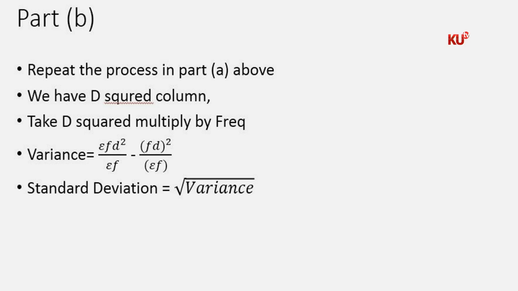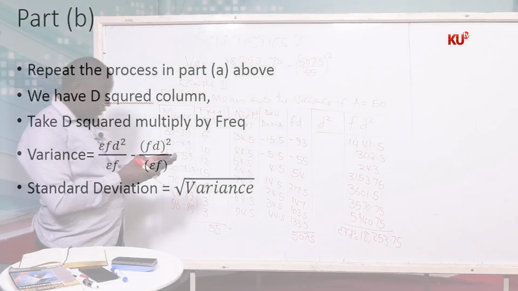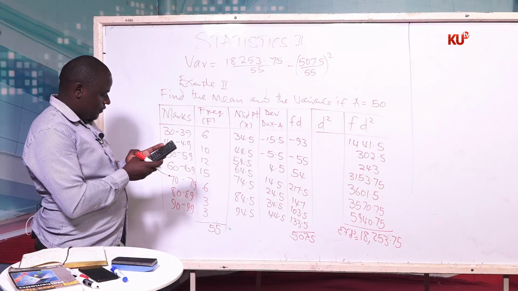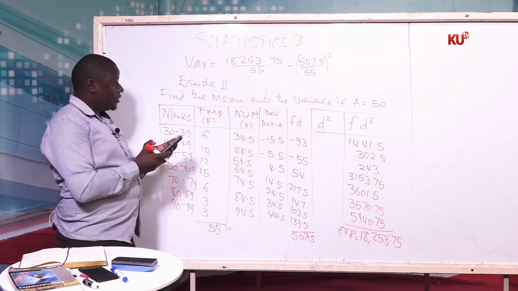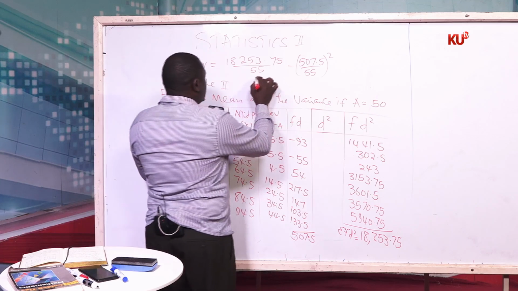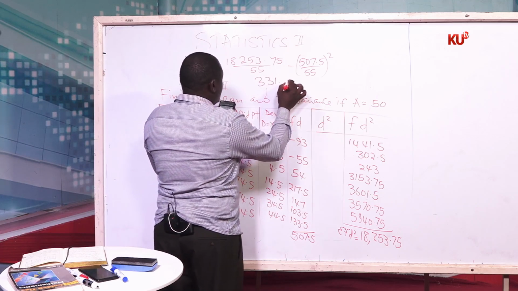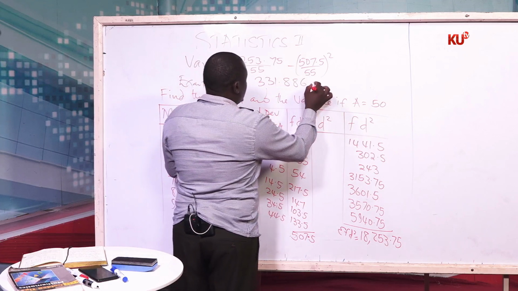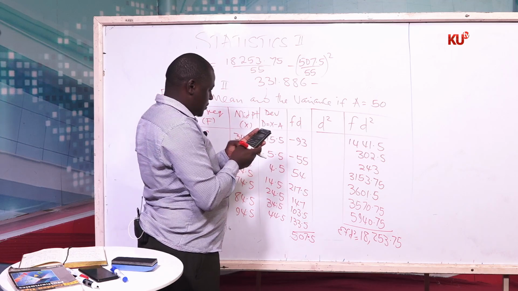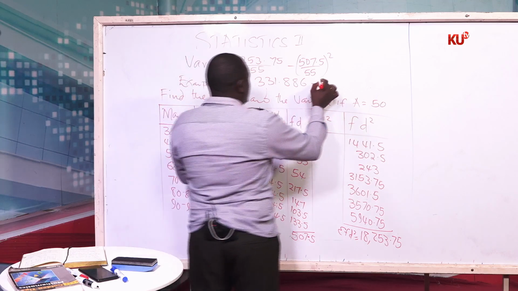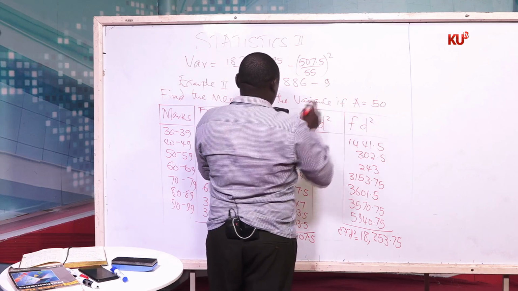507.5 divided by 55, then you square that. Once you work this out, take your calculator. 18,253.75 divided by 55 gives you 331.886 minus 507.5 divided by 55, which gives you 9 point something, and you square that.